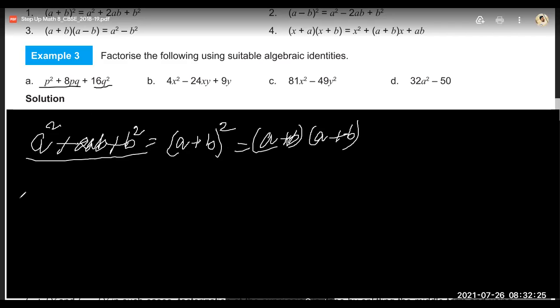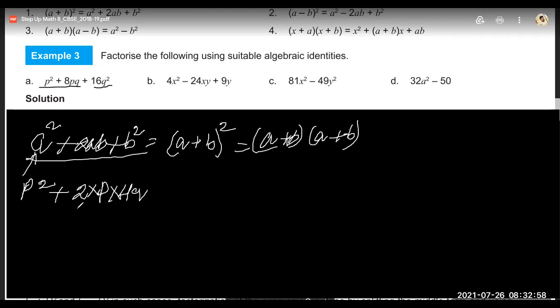Now let us take this one, p square plus 8pq plus 16q square. We need to compare this with the identity. So p square is like a square. In place of a, we have the variable p, so the first term is matching. The second term is 2ab, but in the question it is 8pq. So can we write 8 as 2 into 4?